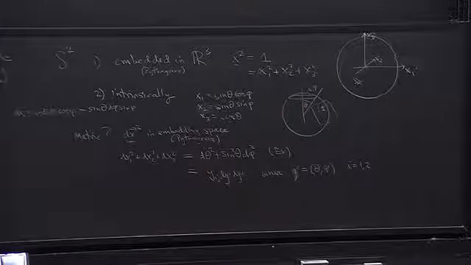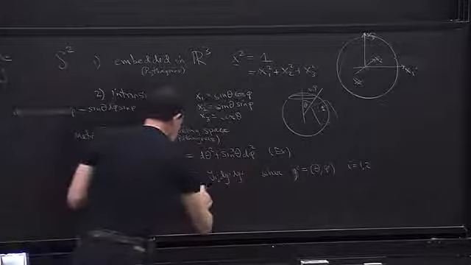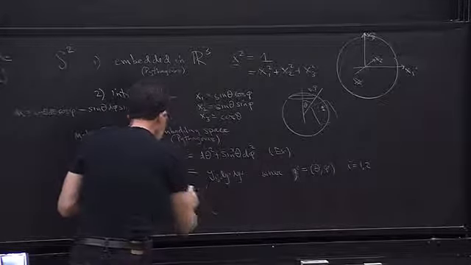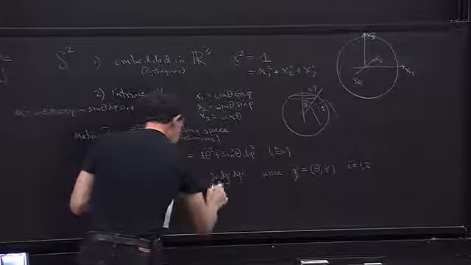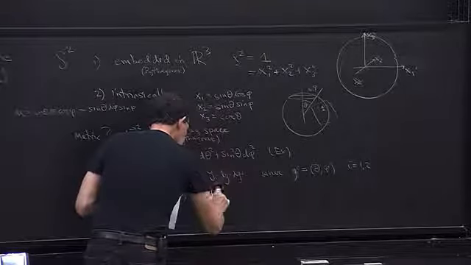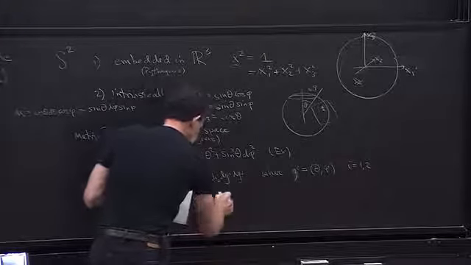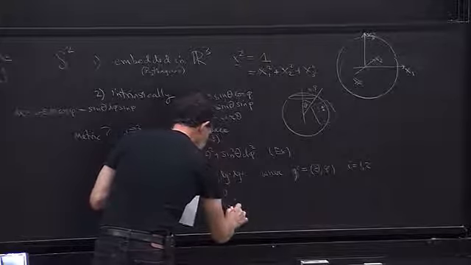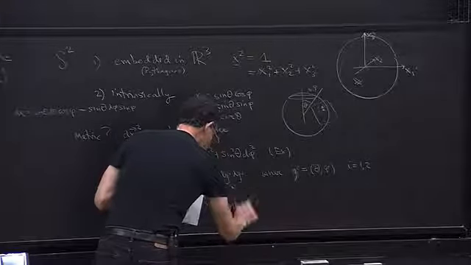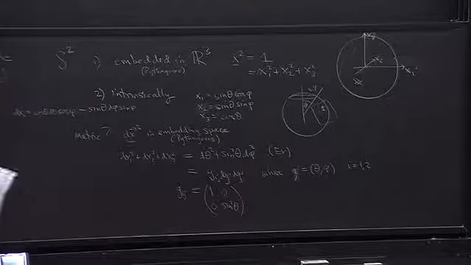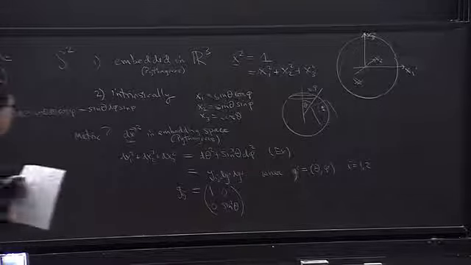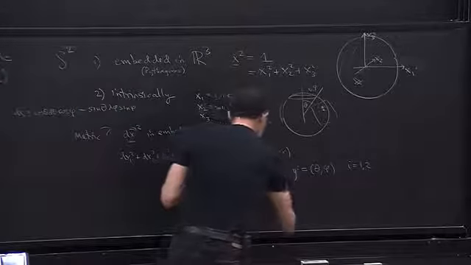And that's what it is. So this metric is a 2x2 matrix. The g_ij is 1 in the theta direction, 0 on the off diagonal, and sine squared theta over there. We call this the induced metric on the sphere.